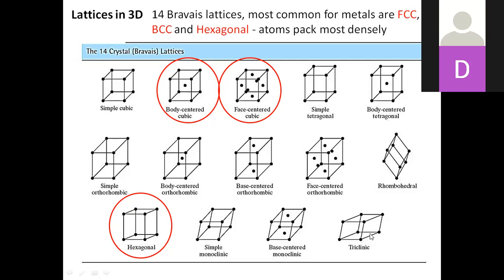And we have the triclinic. The end here also has how many? 8 also. Anyway, our focus will be the structures that are common with the metals, which are the body-centered cubic and the face-centered cubic.